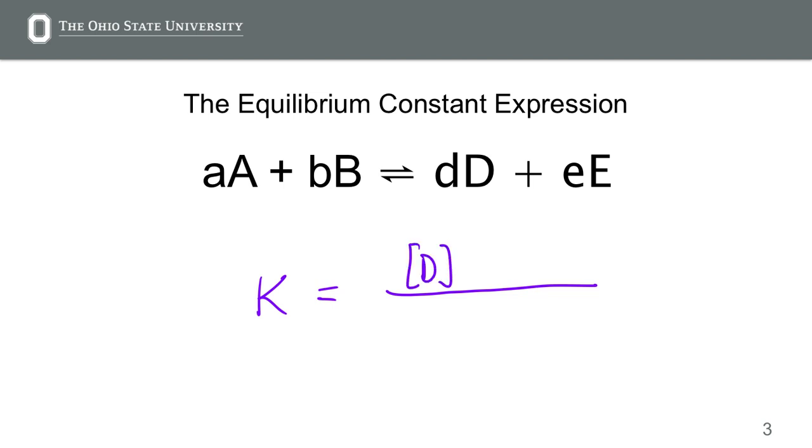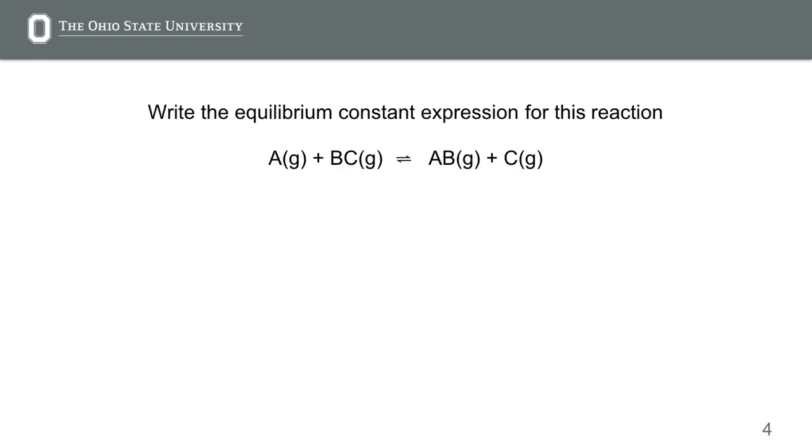So D raised to d, E raised to lowercase e, over A raised to lowercase a, times B raised to lowercase b. In general, that's how you write an equilibrium constant expression. Relatively straightforward, right? Products over reactants, raised to their stoichiometric coefficients.